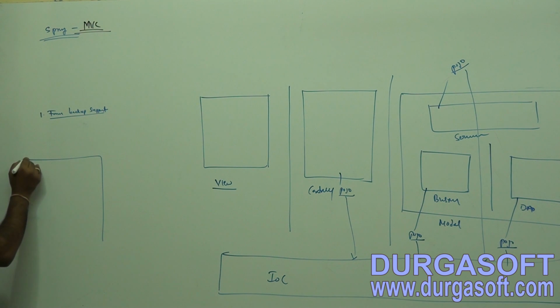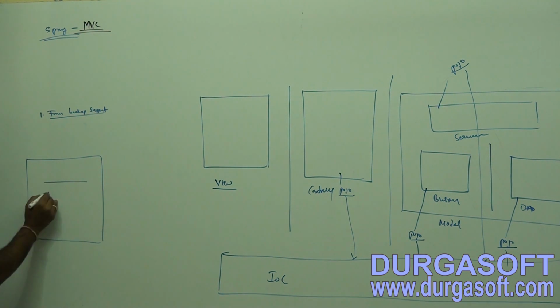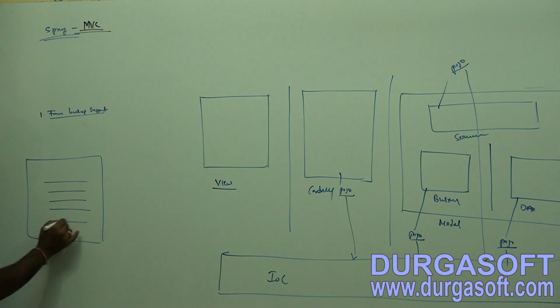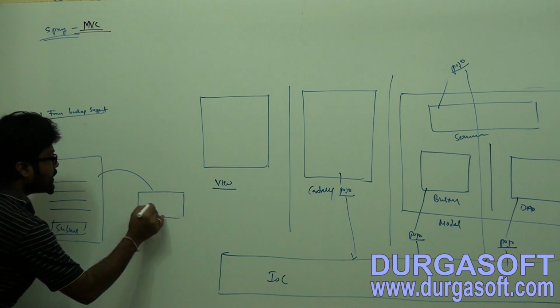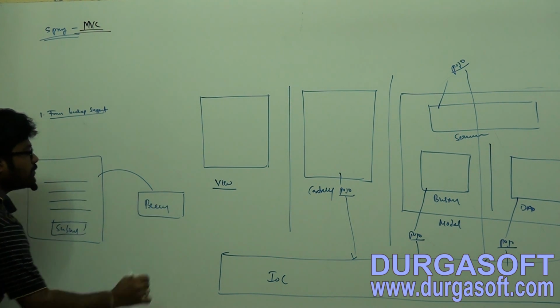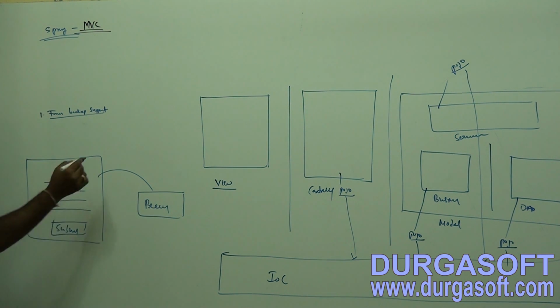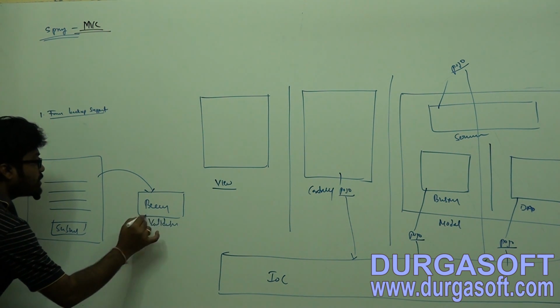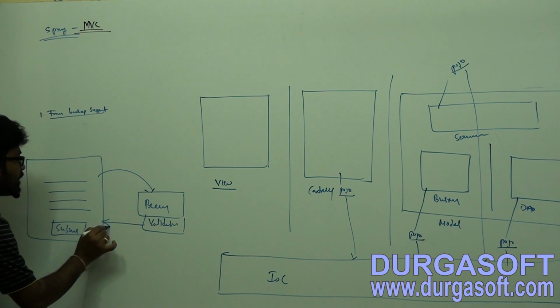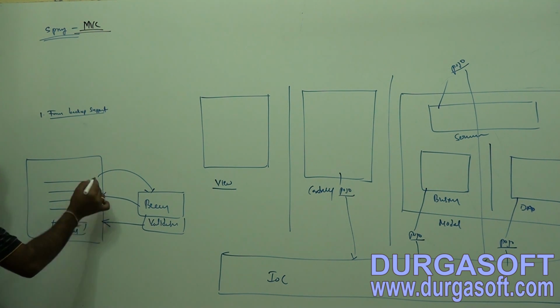We can hold data in bean classes. Whenever you try to submit a form, that form data we can hold in bean classes, and we can apply validations. In case you find any validation errors, along with returning validation errors, the previous bean properties you can also populate into the same form.